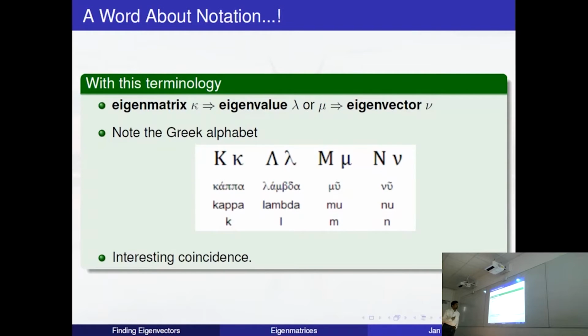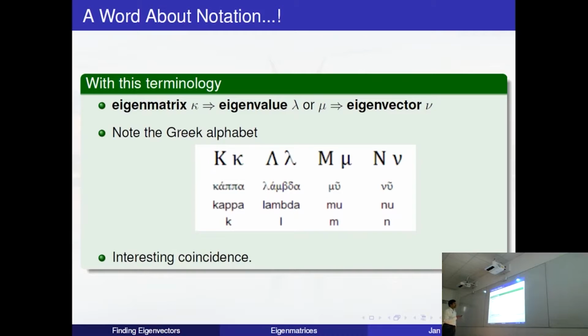Let's talk about the rationale behind picking the naming terminology. We normally use lambda and mu for eigenvalues, and nu for eigenvectors. So the question is, what is the best choice for an eigenmatrix?